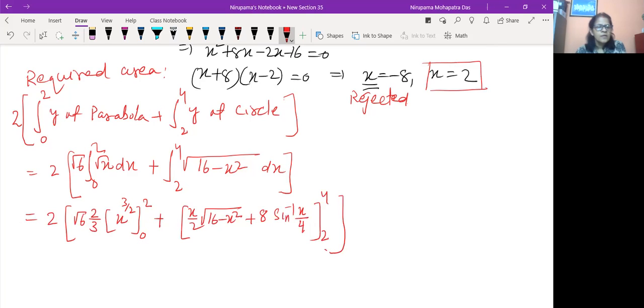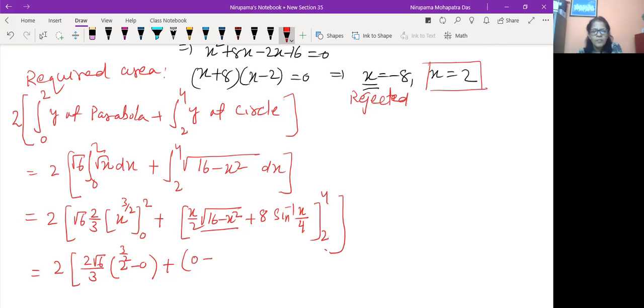So this is equal to twice of 2 root 6 by 3, and be very careful here, 2 to the power 3 by 2 minus 0. Plus upper limit minus lower limit: at upper limit, 4 by 2 times 16 minus 16, that is 0.